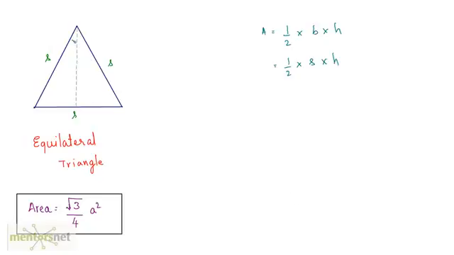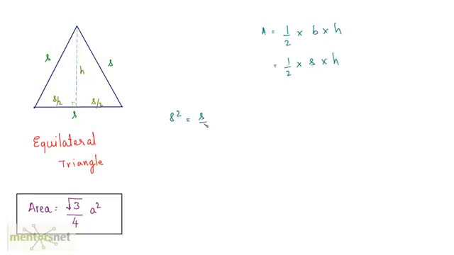Now if I draw a line connecting the top vertex of the triangle and the midpoint of the base, this will be perpendicular to the base. So the left part of the base will be s by 2, half of it, and the right will be half of it. Now we need to calculate what is h. As this is a right angle triangle, I can apply Pythagoras theorem. So the hypotenuse square, that is s square, is equal to base square plus height square.